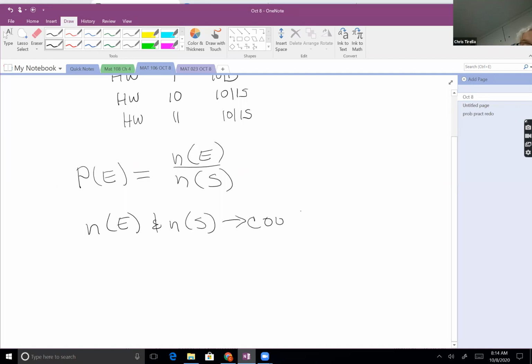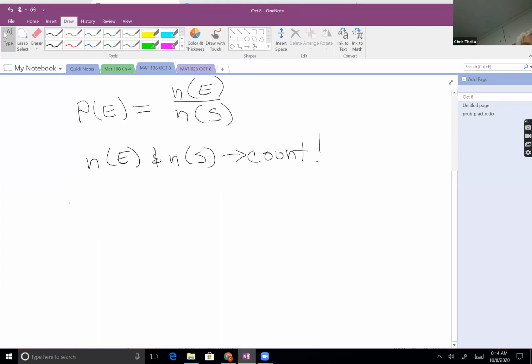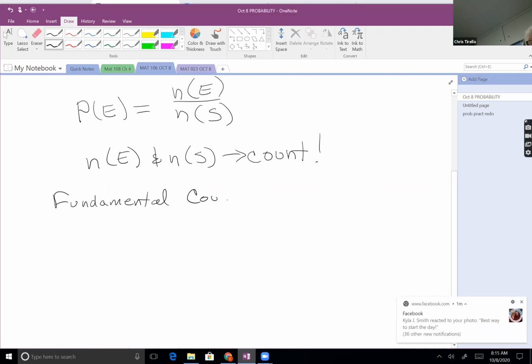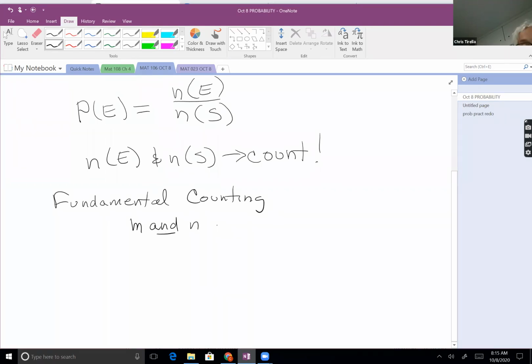We have to figure out how many ways can that be done. And in order to, we have the fundamental counting principle, which says that loosely, if I'm looking for M and N, that word and tells me to multiply.